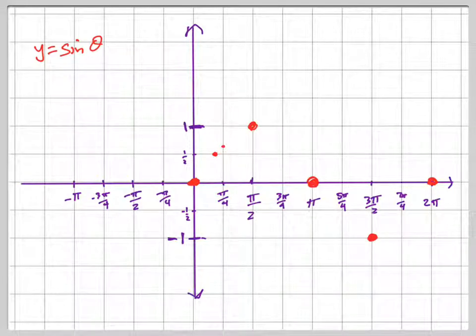If you punch it in your calculator, you'd see that. And what's root 3 over 2? Is it bigger or smaller than root 2 over 2? Root 3 over 2 is a little bigger. And then what's the sine of 3 pi over 4?